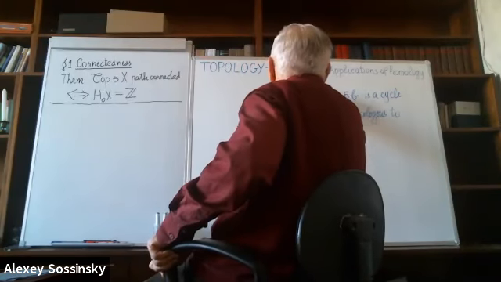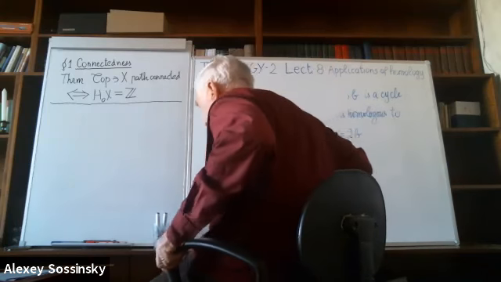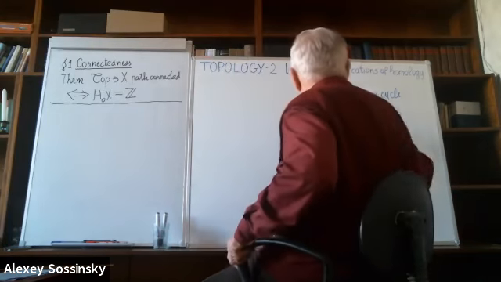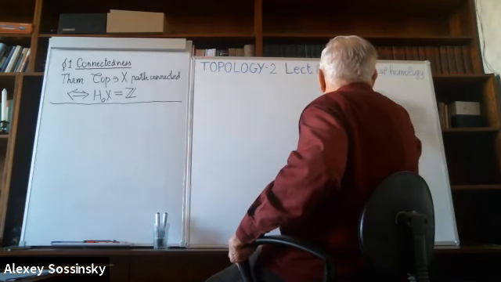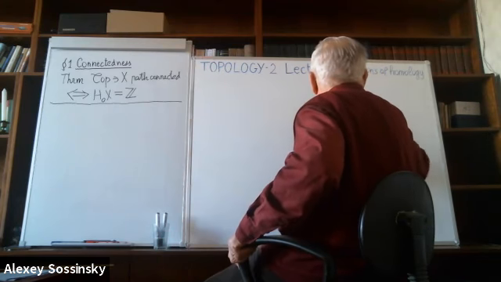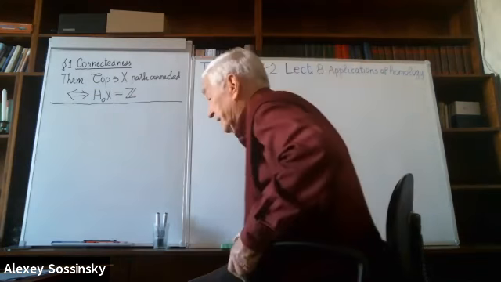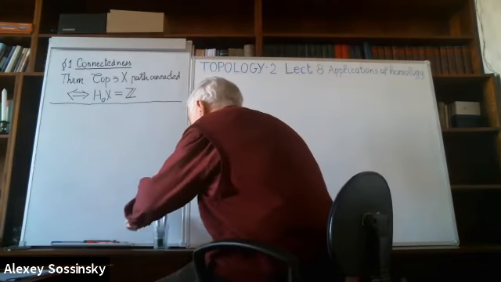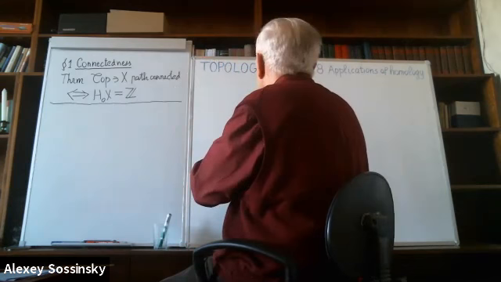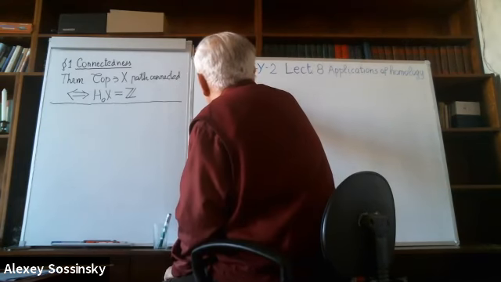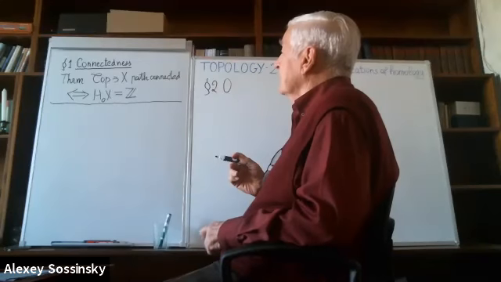Now, the next thing that we want to talk about is orientability. What happens, for example, for spaces that are connected but not path connected, like this weird comb or topologist's sine curve?